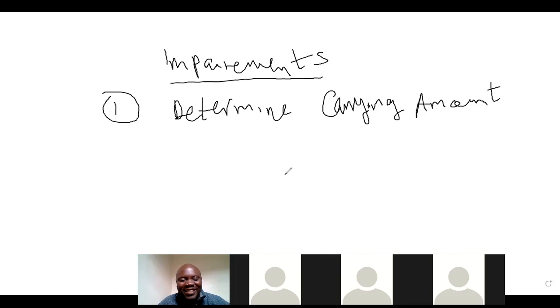So the first thing is to determine your carrying amount. And this carrying amount, I said, is the net assets at acquisition, plus goodwill, plus any post-acquisition profits that you're going to generate. The second thing is to determine what is recoverable.